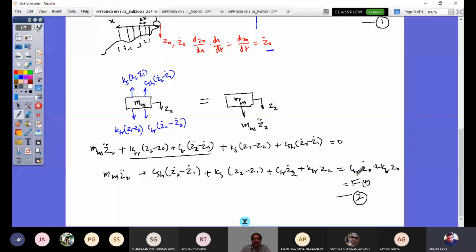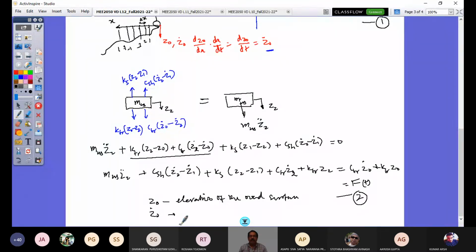Yeah, you want me to write? I'll write it. So Z naught is the road profile elevation, the elevation of the road surface. And Z naught dot is the vertical velocity of the tire at the ground contact. This is called the vertical velocity of the tire.